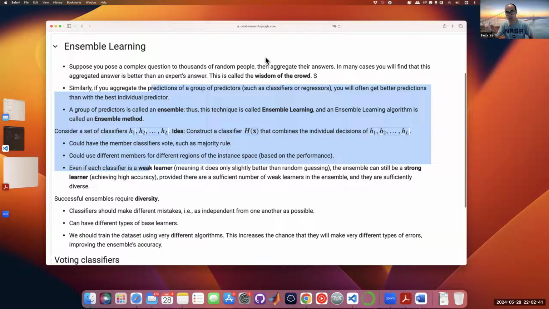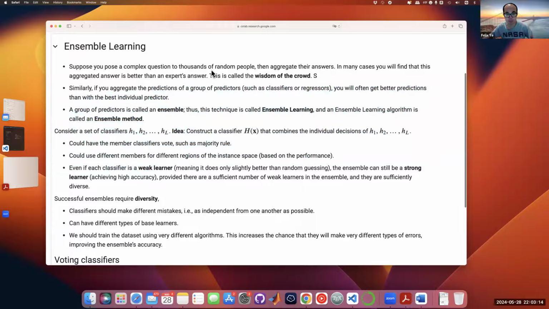You get 1,000 answers from 1,000 random people, and you can use your own rules on their answers to make your decision. In a lot of cases you will find that this aggregate answer is usually better than one specific answer. That's something called the wisdom of the crowd, and this is very important.